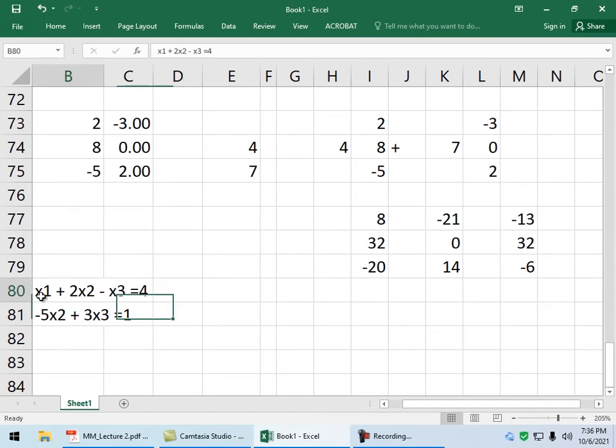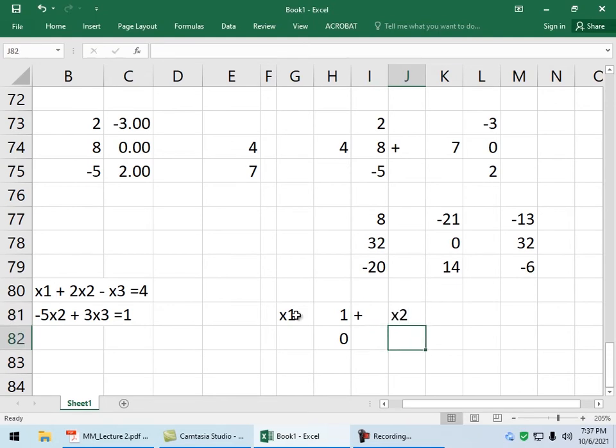x1 is the first coefficient, and we search for this coefficient in our first column. And obviously we have x1 only in the first equation, we don't have any x1 in the second equation, so our vector will be 1 and 0. Then plus x2, and we search again.